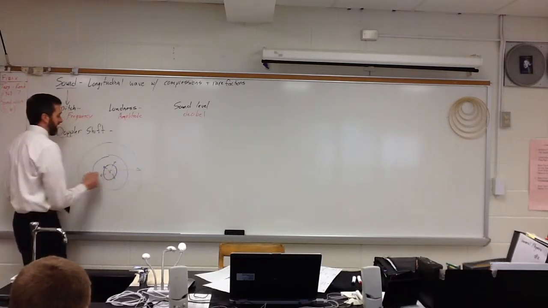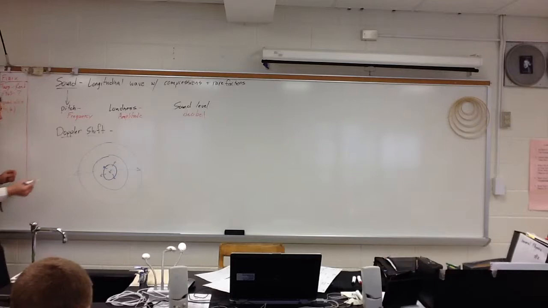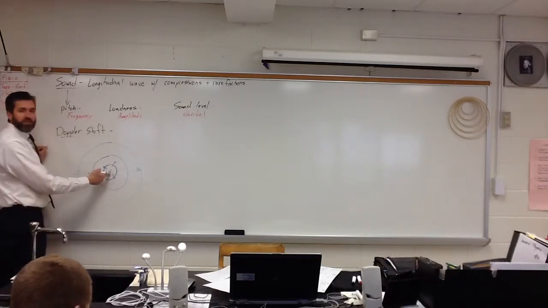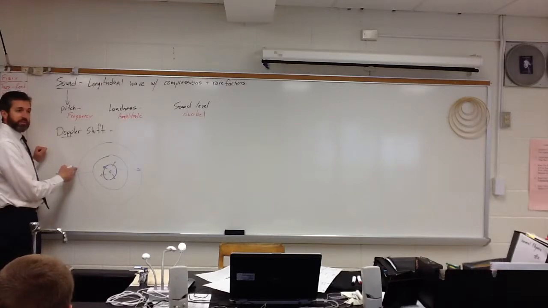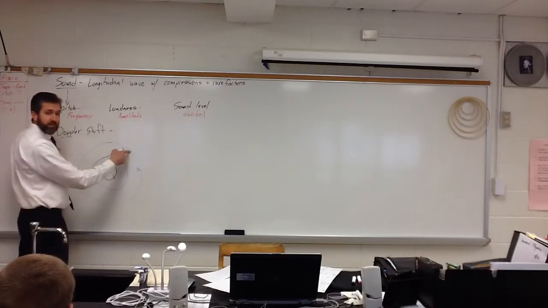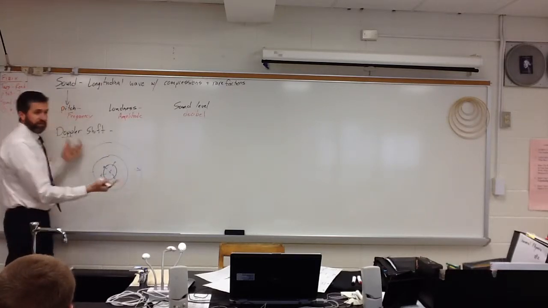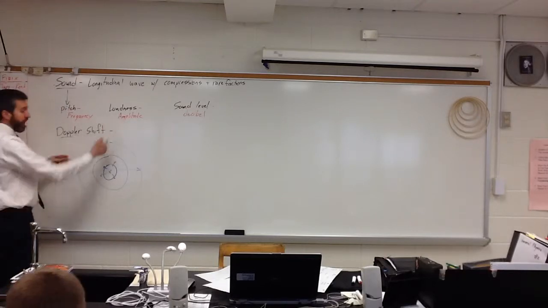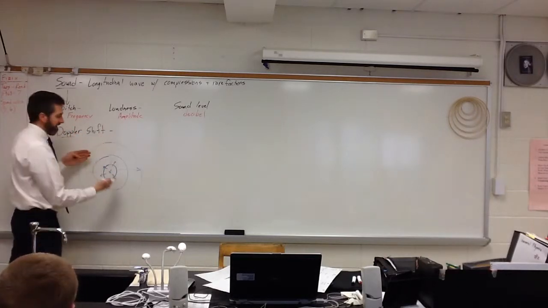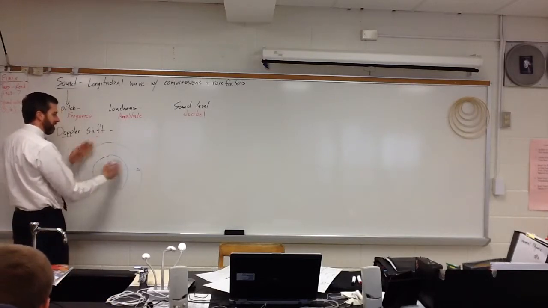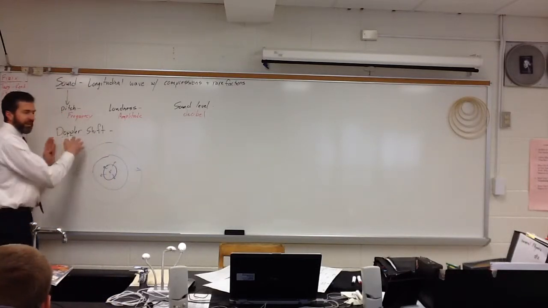If the frequency here was 200 hertz, then the frequency here would be 200 hertz, and here, 200. Now the amplitude might drop off, because as the sound travels through the air, it might fade and get quieter, but the frequency would remain the same. That's not the Doppler shift.